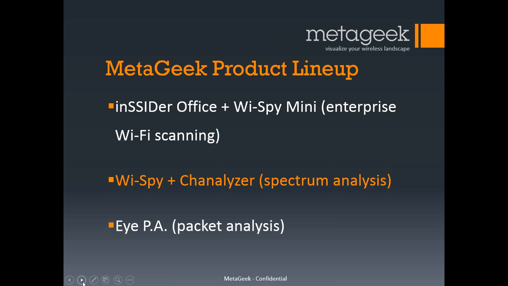To get you situated as to what MetaGeek makes, we have three branches, or product lines. The first is Insider Office plus Wi-Fi Mini, which is an SMB solution for essentially enterprise Wi-Fi scanning. So it's a good, quick snapshot of what's going on in your Wi-Fi network.